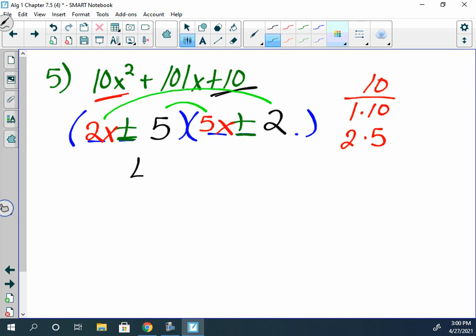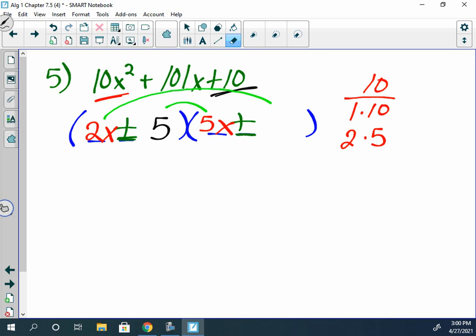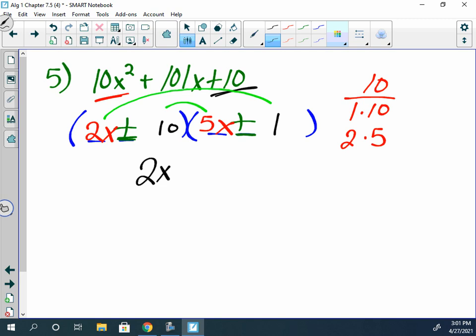2x times 2 is 4x, 5 times 5x is plus 25x. So we got a bigger number, yes? But barely. Okay. So I'm going to get rid of 2 and 5 and go with 1 and 10, so let's try this one here. Well, 2x times 1 is 2x, 10 times 5x is plus 50x.